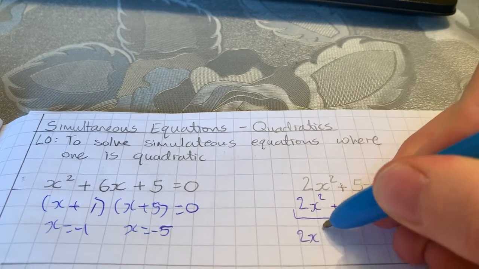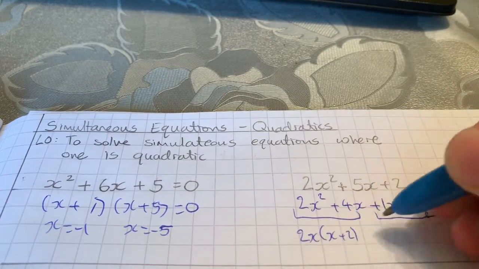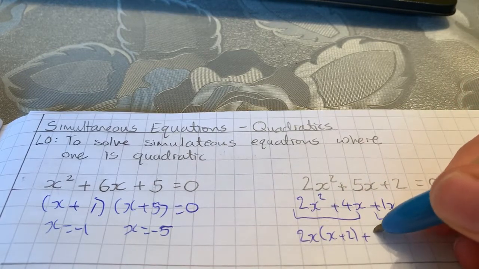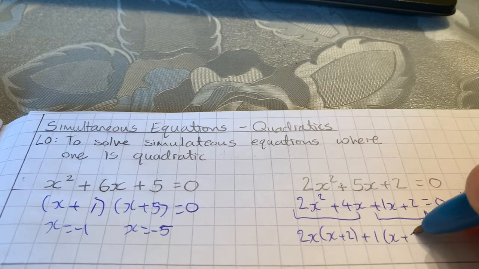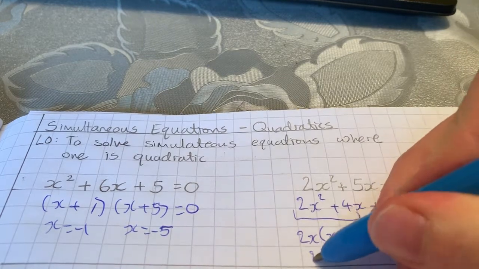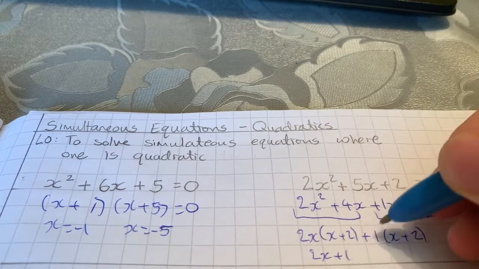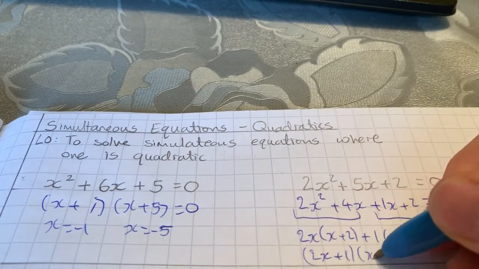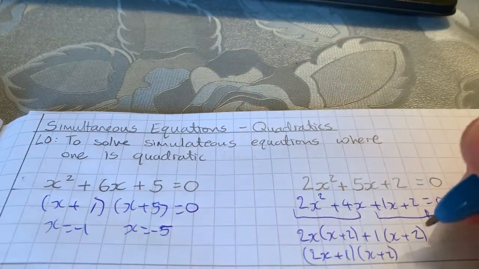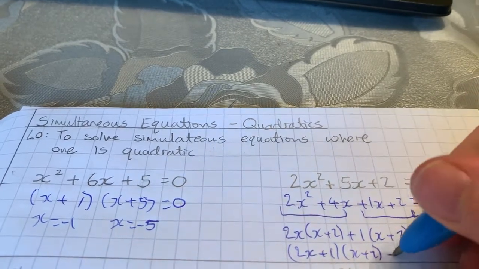So you have 2x, x plus 2, plus 1, x plus 2, and then you know that's 2x add 1, and x add 2. But this is not what I'm intending to go over here for you. But you've got to be confident with that.